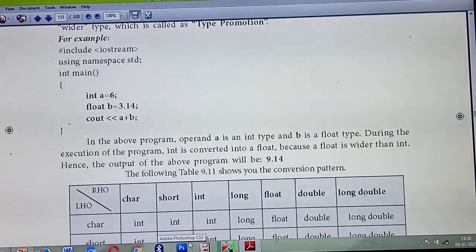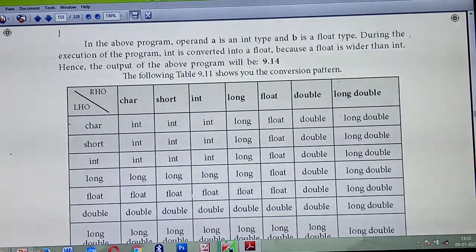Okay. For that, listen. As I already said, it converts based on the rule only, that is, smaller data type to wider data type. Here you are adding two data types, integer and float, and getting the answer as a float. So float is greater than int, so you get the answer as a float. This is the type conversion pattern.